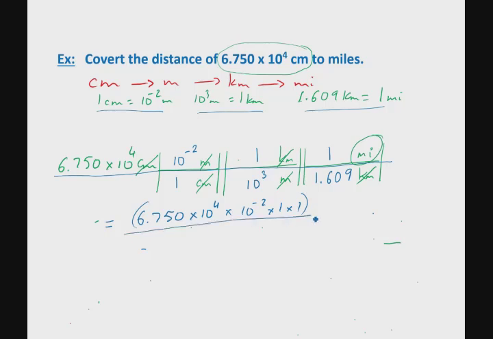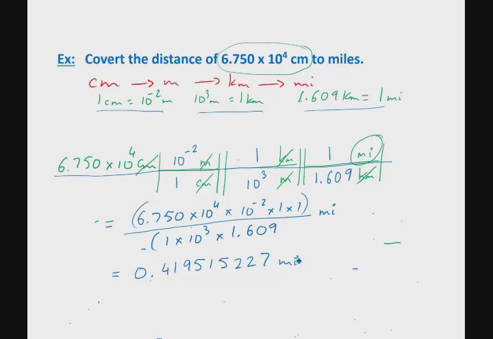If you're using a graphing calculator, you would need to use parentheses appropriately in order to get the correct answer, divided by 1 times 10 raised to 3 times 1.609. The unit that's left over is miles. When you calculate this, the calculator answer comes out to be 0.419515 miles. Is this our final answer?